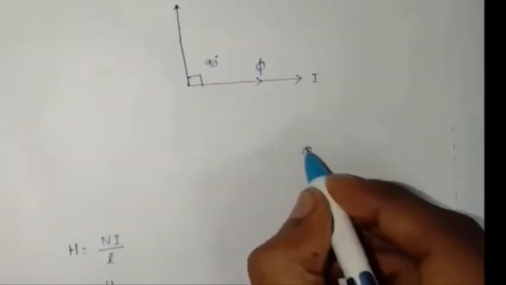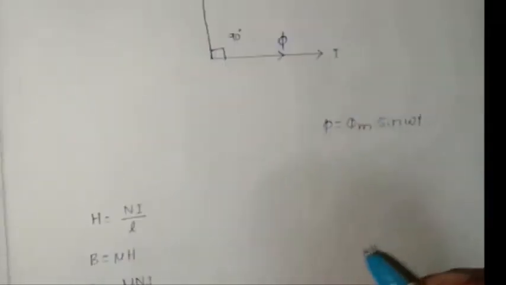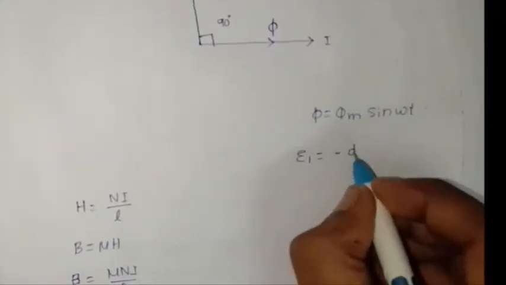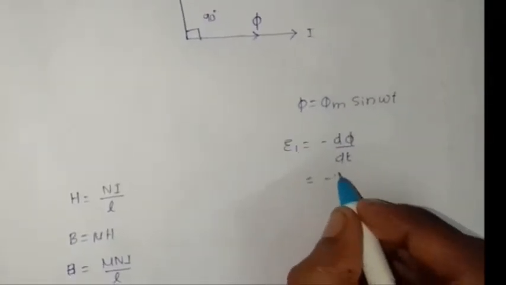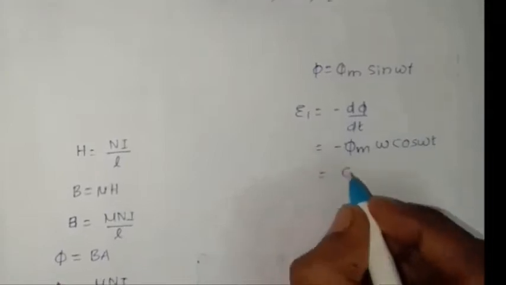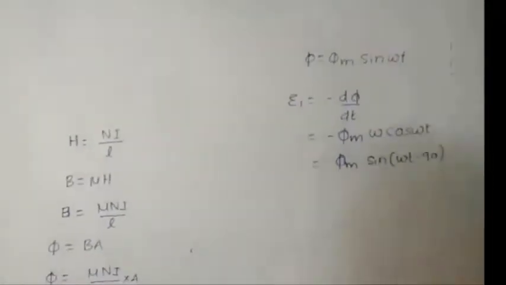Let phi be equal to phi m sin omega t. Then, from Faraday's law, the induced EMF is equal to minus d phi by dt. By differentiating phi, we get minus phi m omega cos omega t. This can be taken as phi m omega sin of omega t minus 90.